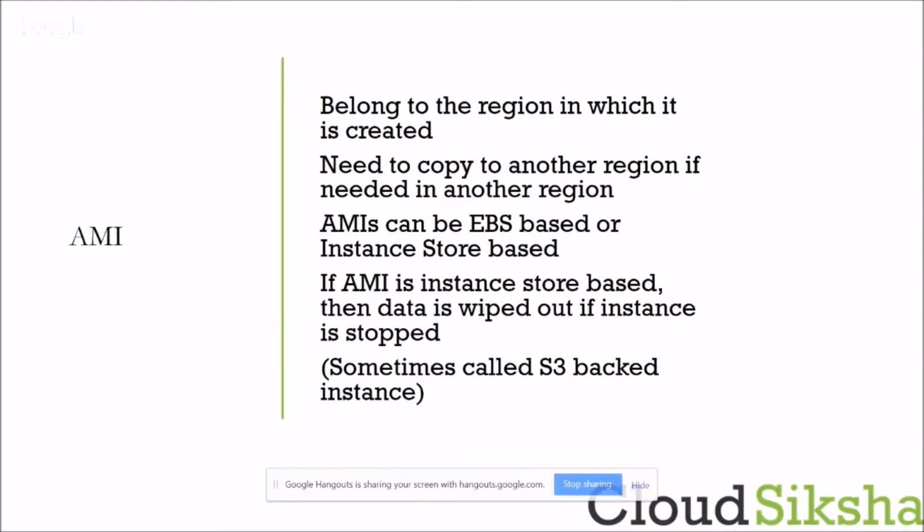Now, the AMIs that you get from Amazon can be EBS based or instance store based. When an AMI is EBS based, your root volume is an EBS volume. And when the AMI is instance store based, your root volume is an instance store volume. I hope you know what an EBS and an instance store are. Anyway, I'll be talking about that further down the line in the same presentation.